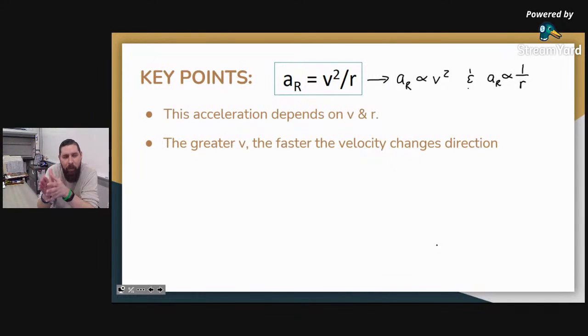If I double the velocity of that object, 2 squared means that the centripetal or radial acceleration goes up by a factor of 4. That means the velocity changes direction 4 times faster than it did before.